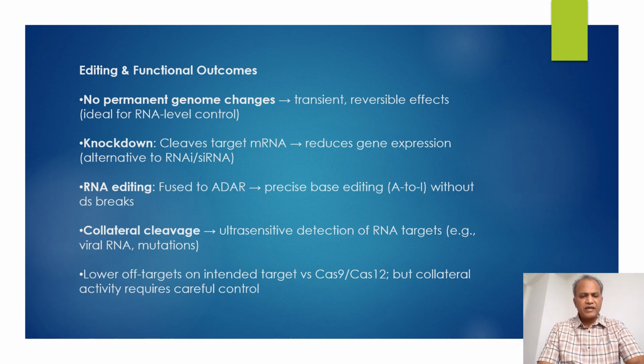Next, RNA editing. It is fused with ADAR to do precise base editing without double-strand breaks. Next, collateral cleavage. It allows ultra-sensitive detection of RNA targets, for example viral RNA and mutations. So that is the reason it performs an excellent role after transcription, in the translation area.